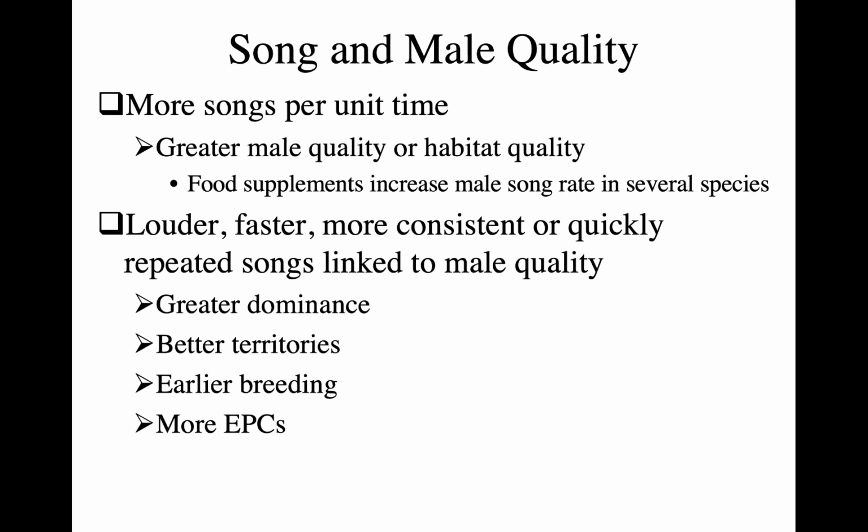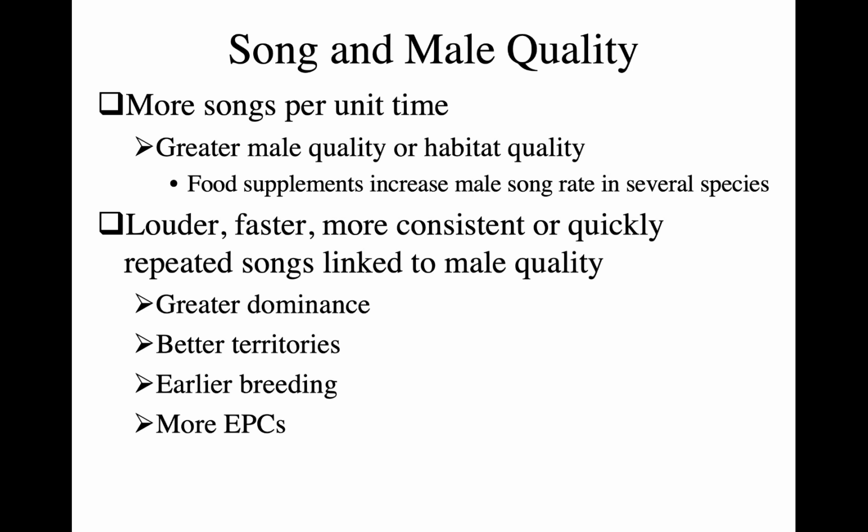And this, again, is linked to greater dominance, better ability to attain a better territory and defend that territory. And also, we're going to find out in most birds, the earlier you breed in the breeding season, the better. And so dominant individuals with more high quality songs tend to breed earlier. In addition to getting fitness from your own mate at your own nest, individuals oftentimes can supplement their reproductive success by achieving what is called extra-pair copulation.